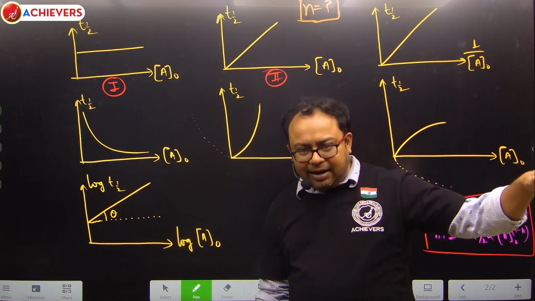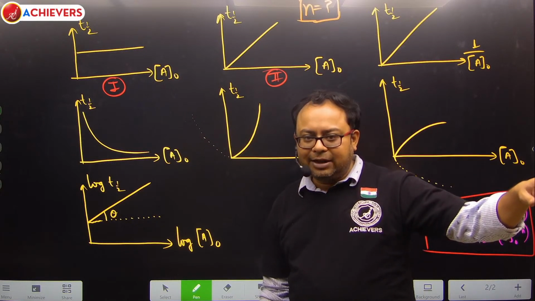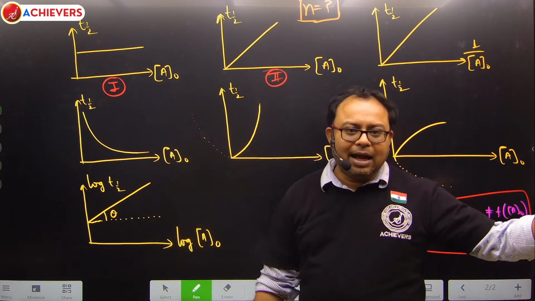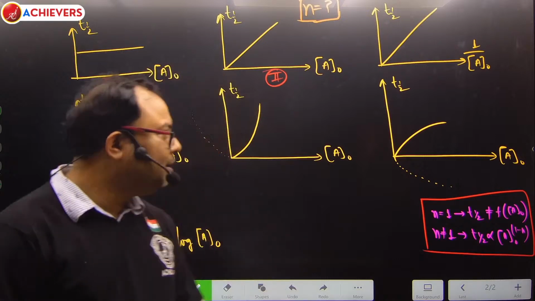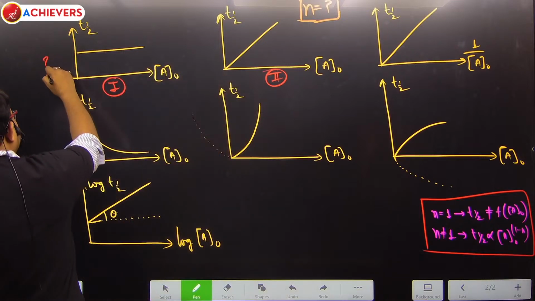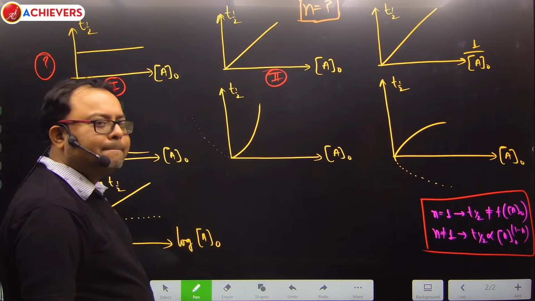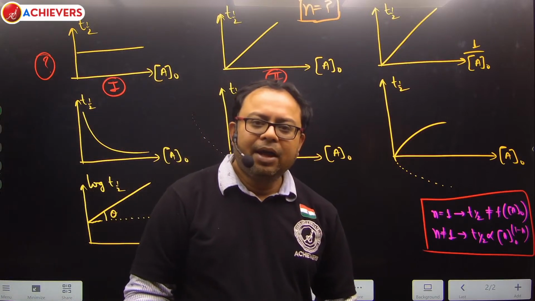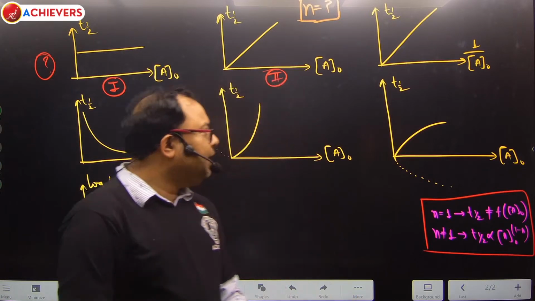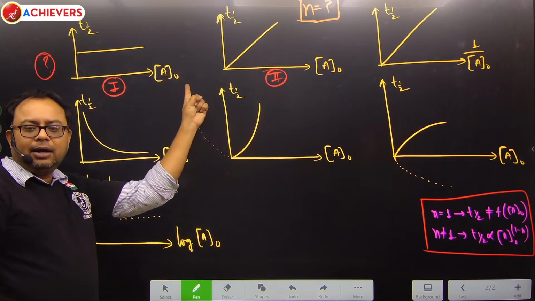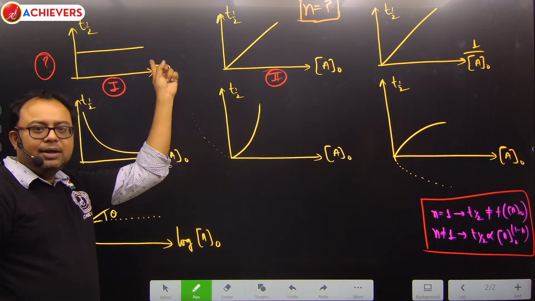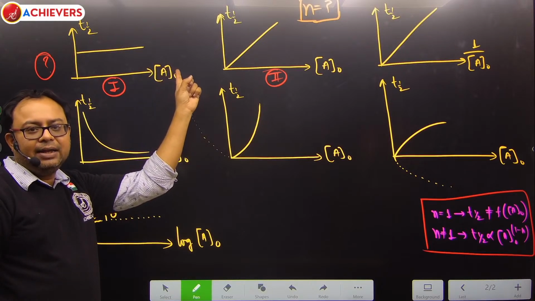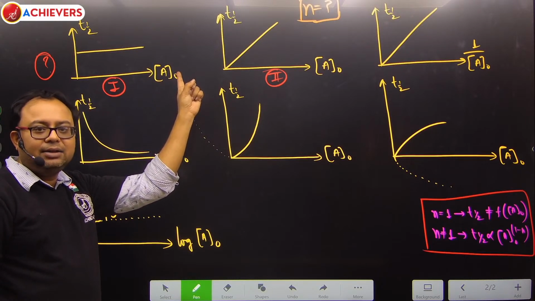is a straight line with respect to A naught, and it's parallel to the A naught axis. So what does this represent? It represents that even if we are increasing A naught, as we are moving in the right hand direction, obviously we are increasing A naught, yet T half is not varying, it remains invariant.